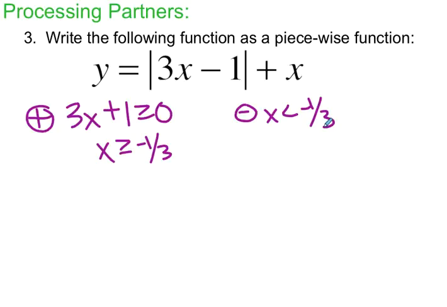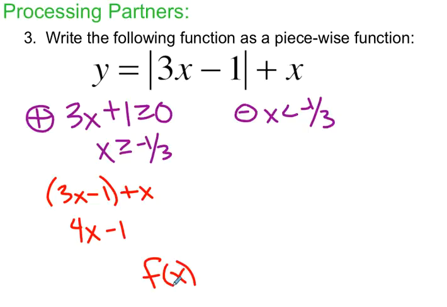Now again, with the positive part, I just drop the bars and go. So it's going to be 3x minus 1, and then plus x. And if I add that all up, I'm going to get 4x minus 1. So I can fill that part in since I know it. It's going to be 4x minus 1.